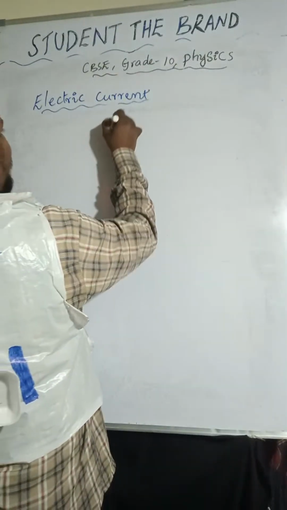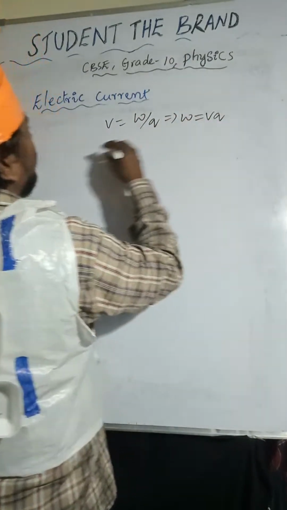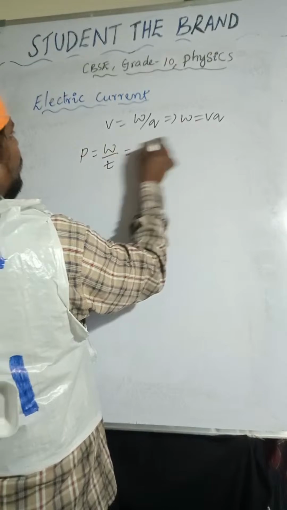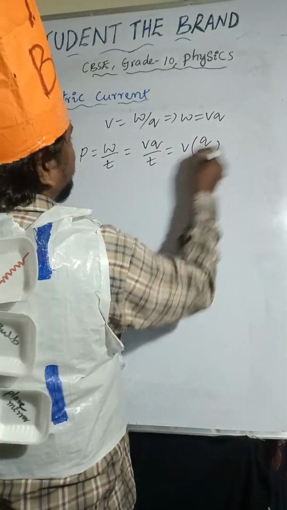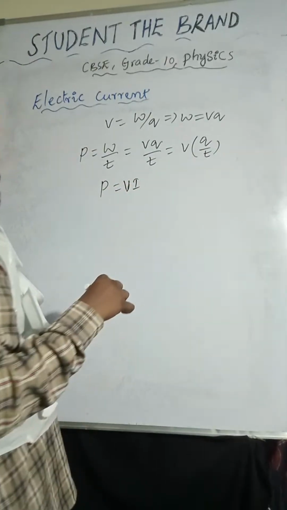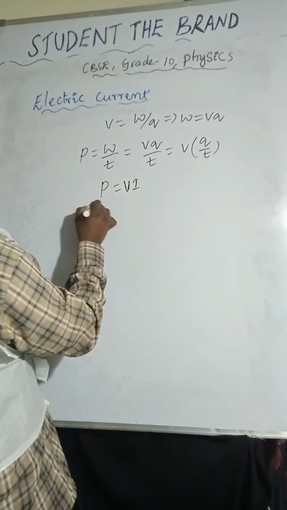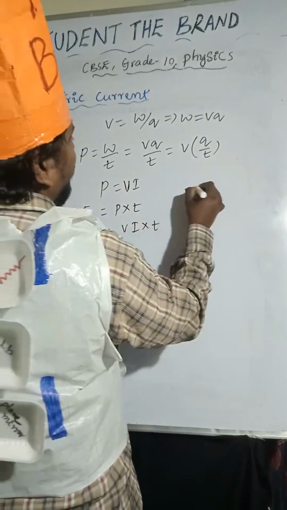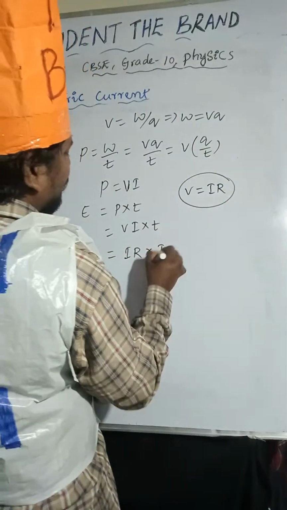V equals W by Q, so W equals VQ. Here the rate of doing work is VQ by T, that is V into Q by T, and Q by T is I. So power is VI. Now electrical energy equals P into T, that is VI into T. V equals IR, yes or no? So IR into I into T.